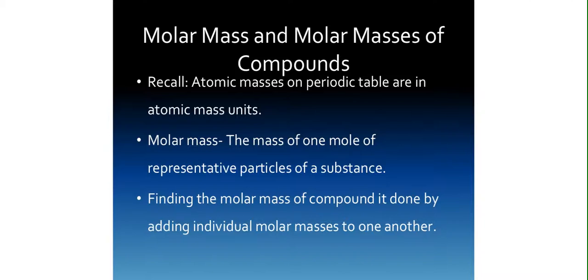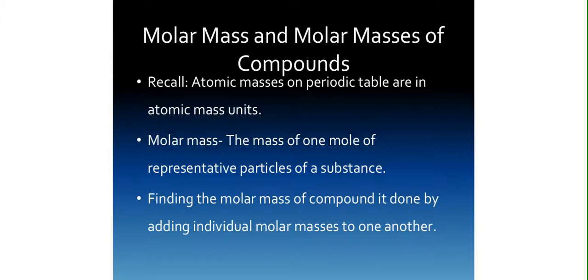So molar mass is defined as the mass of 1 mole of representative particles of a substance. Basically, in its natural state, it would be 1 mole of carbon or 1 mole of whatever substance we're looking at. So 1 mole of water, but we're using the molar mass.